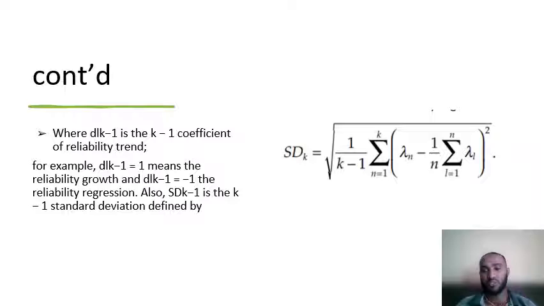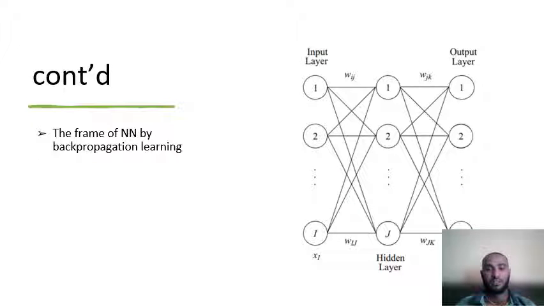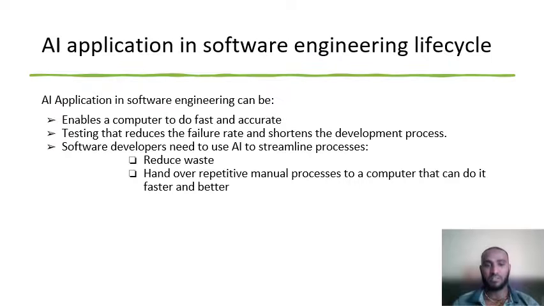This is a square root, a little bit complicated, but as you see on the screen, this is exactly the formula used in the previous part. If there's any question related to this, you're welcome anytime. This is a graph framed by NN propagation learning. Due to time, we proceed to the next slide.